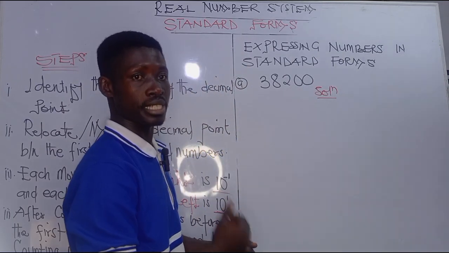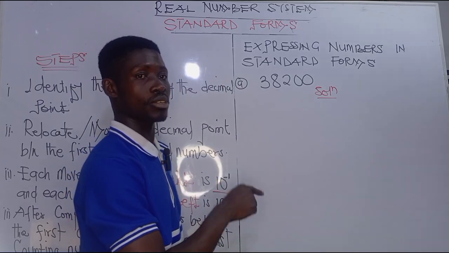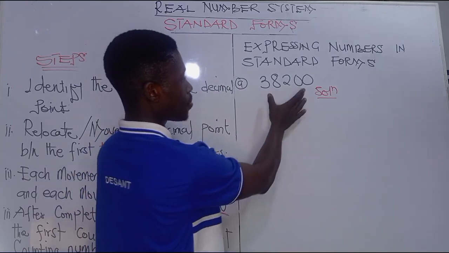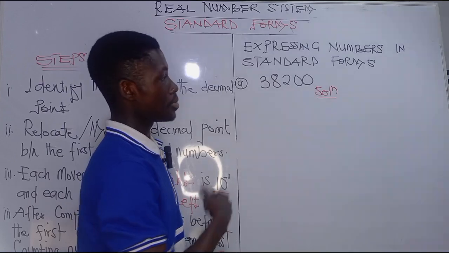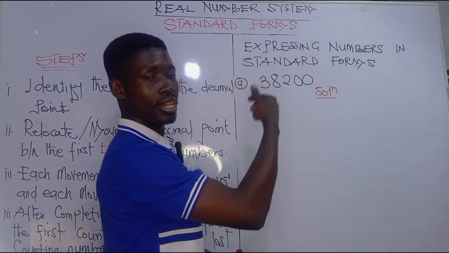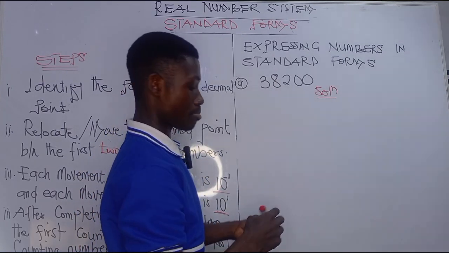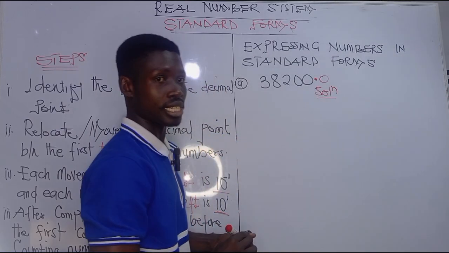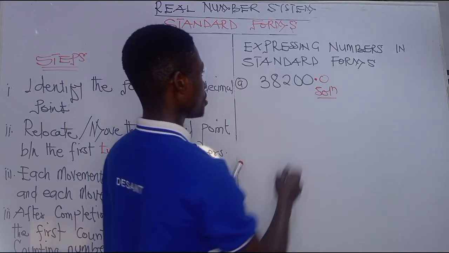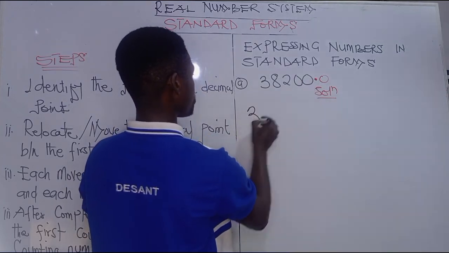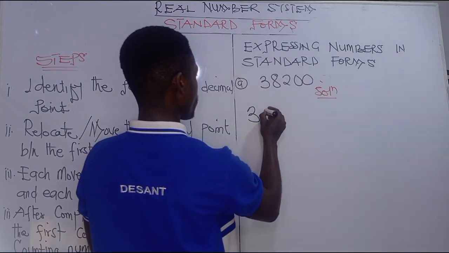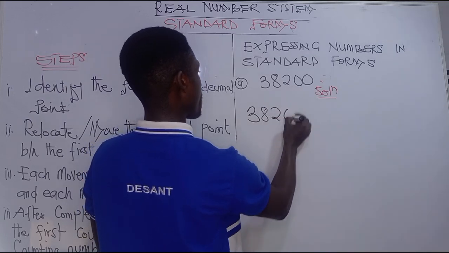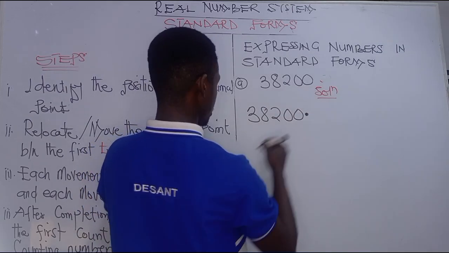The first step says identify the position of the decimal point. So where is the decimal point? You know that for every number, there is a point behind the last number. So with this number, there is a point here, but in actual sense, we don't write it. So this number is the same as this.